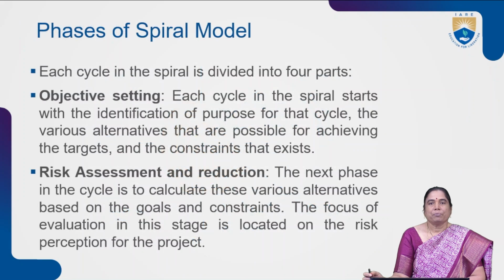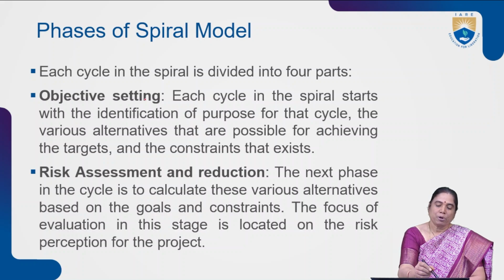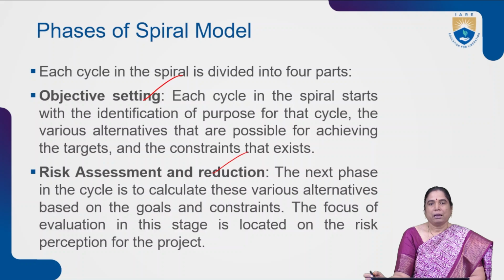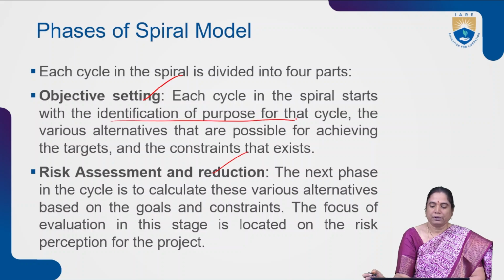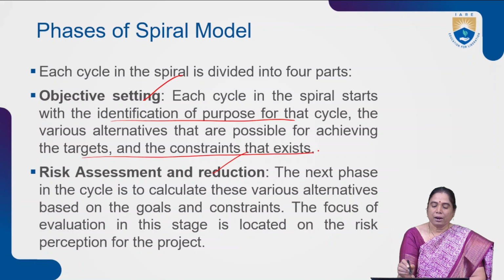The basic phases of the spiral model are as follows: each cycle in the spiral is divided into objective setting and risk assessment and reduction, which are the first two phases. In objective setting, each cycle in the spiral starts with the identification of the purpose for that cycle, the various alternatives that are possible for achieving targets, and the constraints that exist.